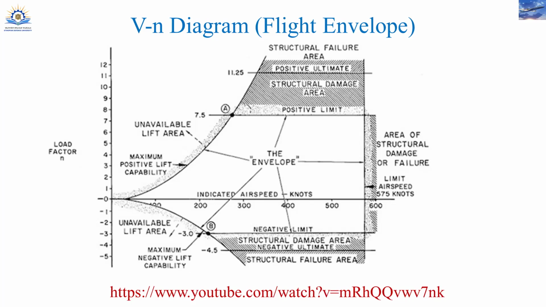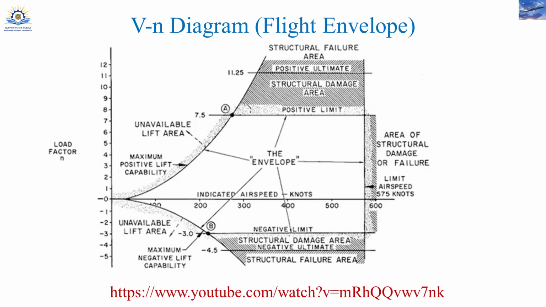Again, there are horizontal lines, this one and that one, that give you the positive limit and the negative limit. Flight beyond this horizontal line produces structural damage in the structure.